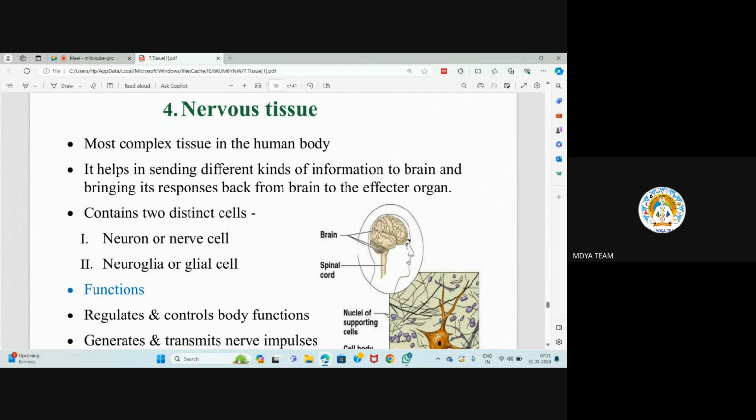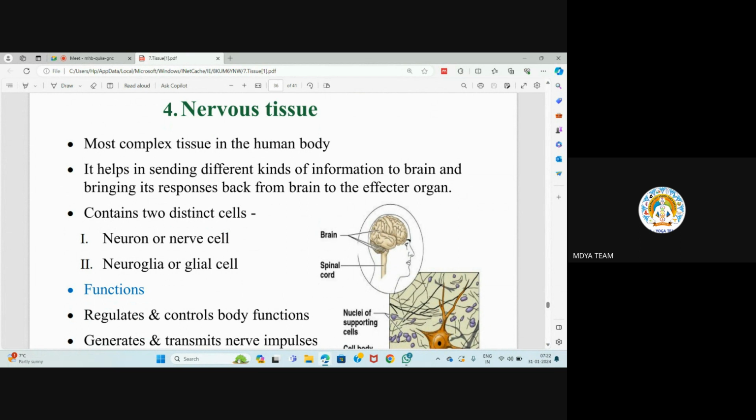It means it receives every piece of information. For example, if any external stimulus is hurting you, like a mosquito bite, a mosquito is biting your skin, so the sensory neurons, the sensory receptors of your skin, will receive the information.